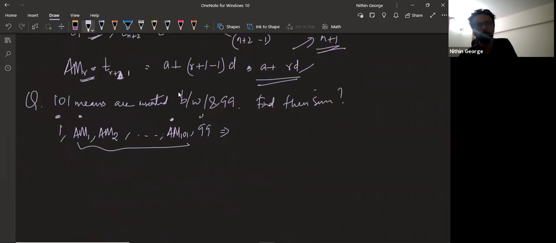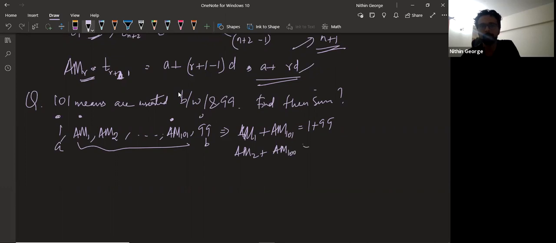So 1 plus 99. So this is A, this is B. So AM1 plus AM 101 is equal to 1 plus 99. This is for your understanding. AM2 plus AM 100 is equal to 1 plus 99. All the way up till AM 50 plus AM 51 will be equal to 1 plus 99.